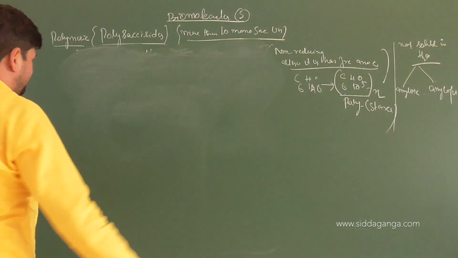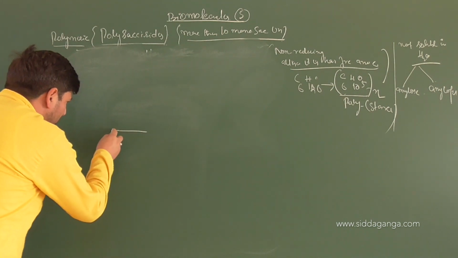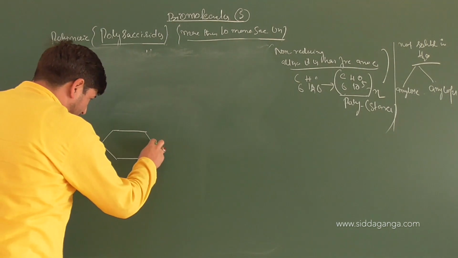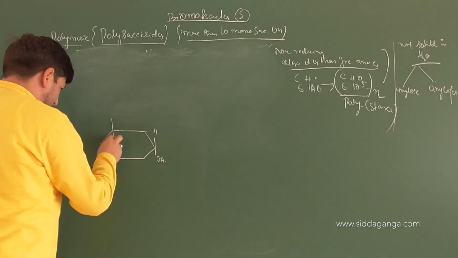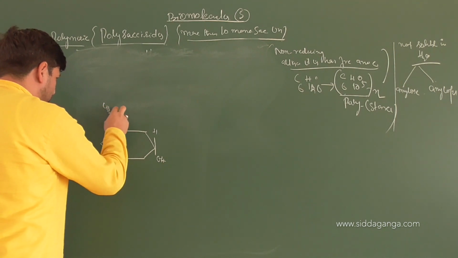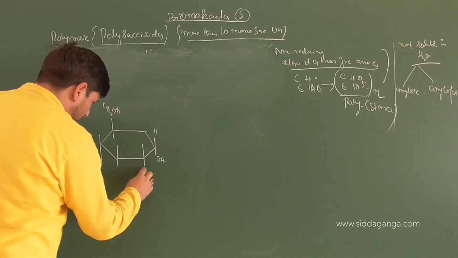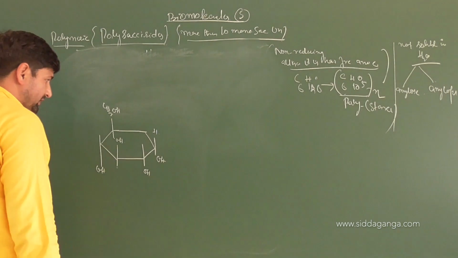Look at this chain. First, the basic repeating unit we have, children, is this. I won't mention hydrogens here, so I will mention them down. This is OH, H, and here you have CH2OH. The rest of the positions you all know. You will have OH here, and OH here.